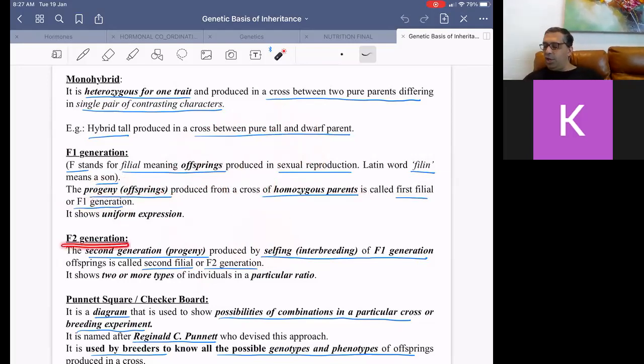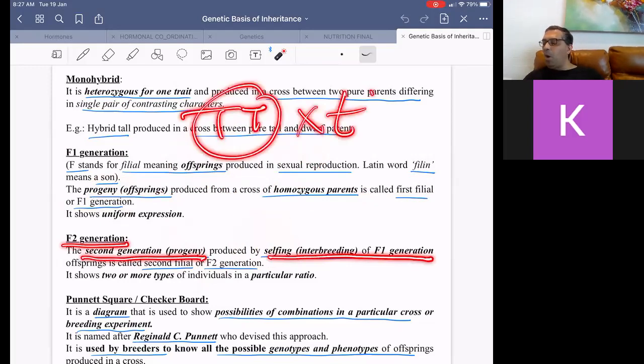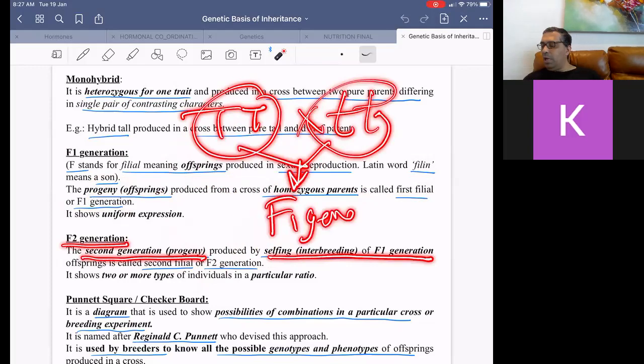And F2 generation is the second generation produced by selfing of F1 generation. So you did cross pollination of capital T and small t, you got F1 generation.